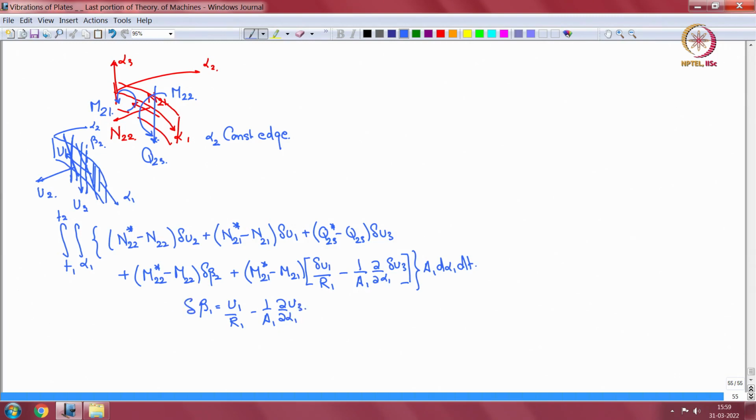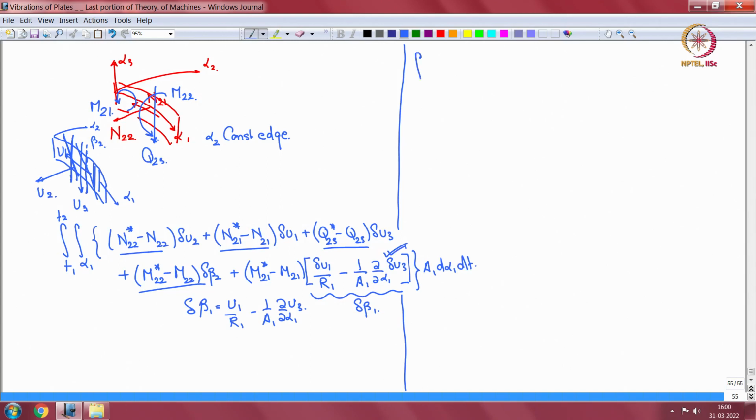So the delta of beta 1, this used to be delta of beta 1, variation on beta 1. So now beta 1 has been opened out. With this combination we get 4 boundary terms. We will see what happens. The moment you open out, this term has a derivative on the variation.